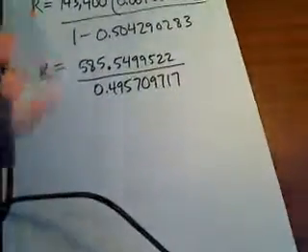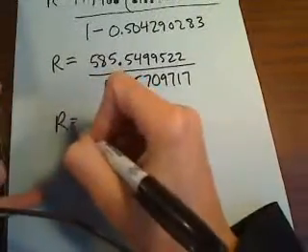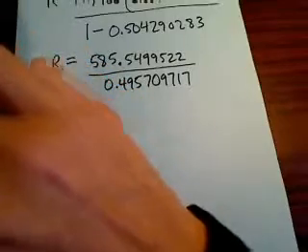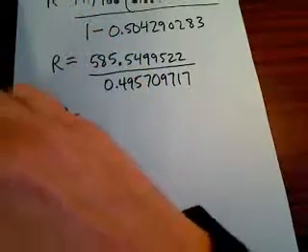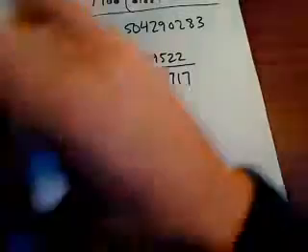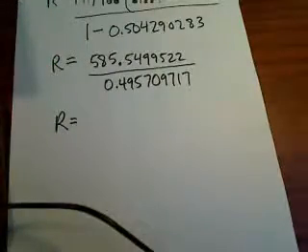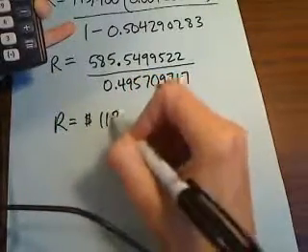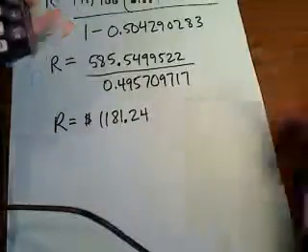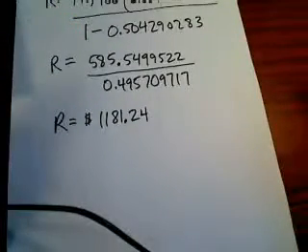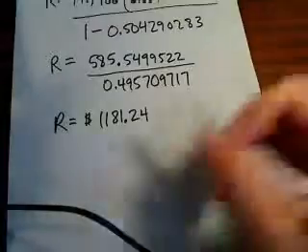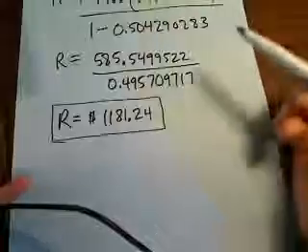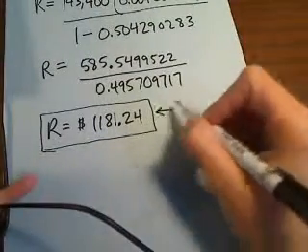All right, if I divide those two, then we get 1181, and if I round this now, 24 cents. So this is the monthly payment, and this is just involving principal and interest.